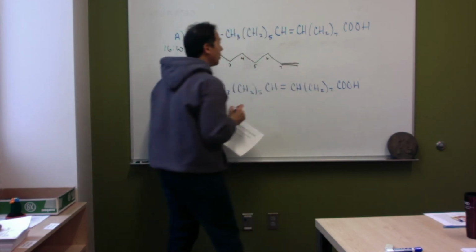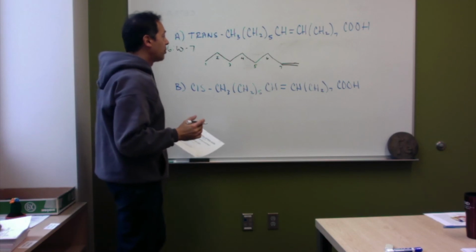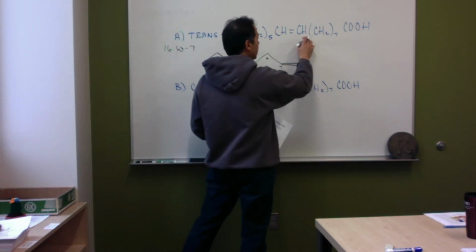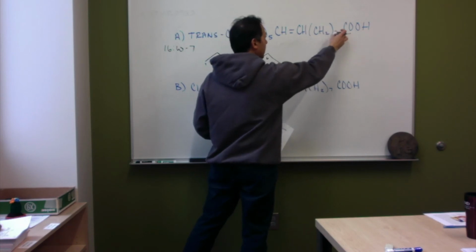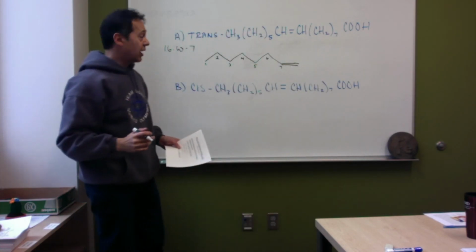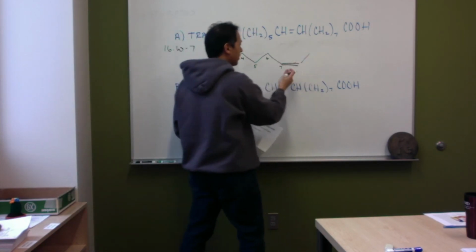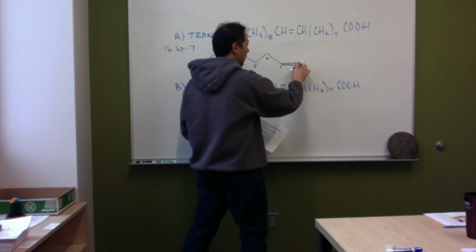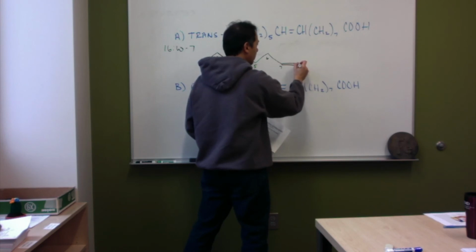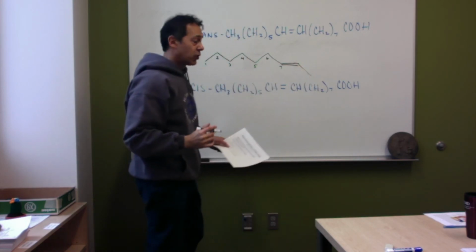There's my double bond. After the double bond, 1 plus 7 is 8, 9. I'm going to have 9 carbon atoms, and they are trans. So I'm not going to go up like this. That would be cis. So I'm going to have it come down like this. That's going to be trans.